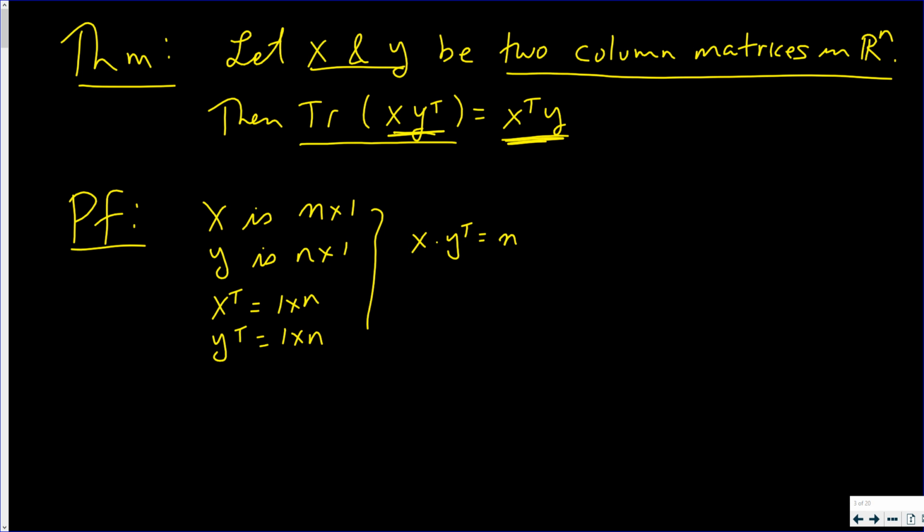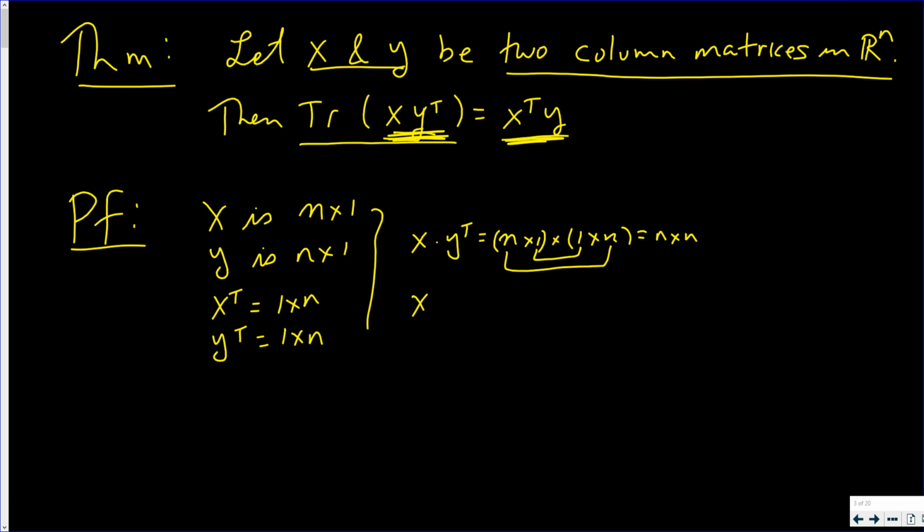Well, X is n by 1, and we are multiplying this by Y transpose, which is 1 by n. Those two inner entries are the same, so the answer to the size will be the outer values. It will be an n by n matrix. Okay, this is an n by n matrix.